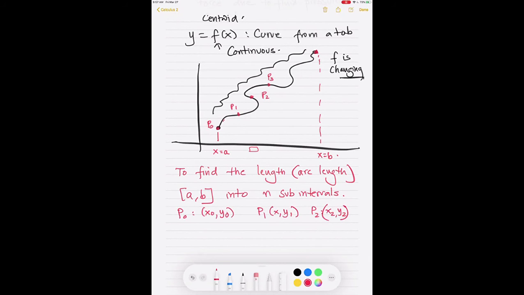That means what we have been already doing: AB into n pieces. Again, I'm drawing larger pieces, but you know these pieces get smaller. So this is x0 to x1, x1 to x2, x2 to x3.